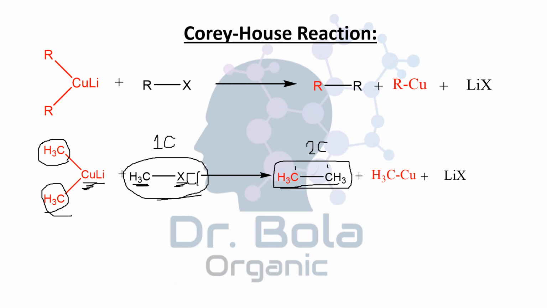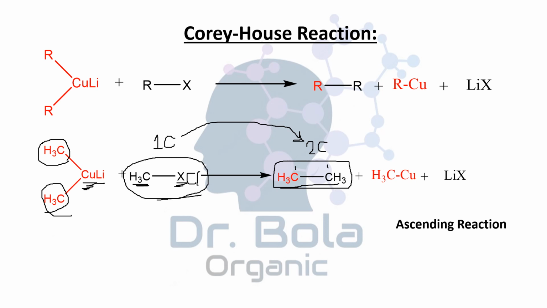So actually in this reaction, if I'm trying to describe this reaction, the number of carbons per one molecule is actually increasing from the reactant to the product, from 1 carbon per molecule into 2 carbons per molecule, which is actually called an ascending reaction. So what is ascending reaction?